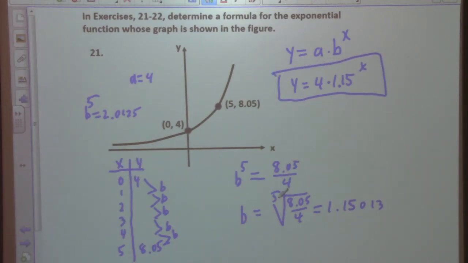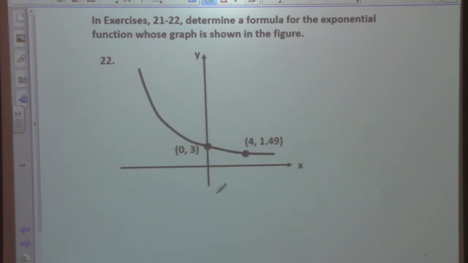Now what I want to do is I want to have you work out number 22, and I'll pick on somebody here in a couple minutes. Similar type of problem.